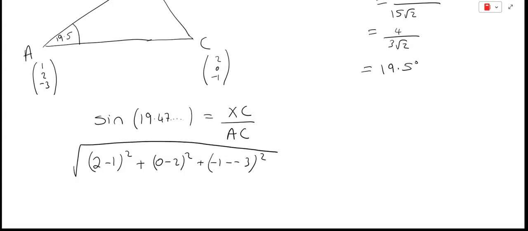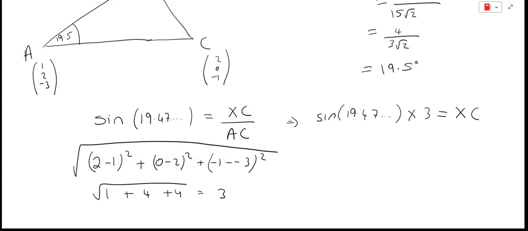So that's going to be 1 plus 4 plus 4, square rooted, and that gives me 3. So AC is 3. Now I can say that sine of 19.47 times 3 is going to equal XC. I've left it on my calculator, so sine of answer gives me 1/3. If I times that by 3, it's going to give me 1. So XC, the distance, is 1, and that's the shortest distance.